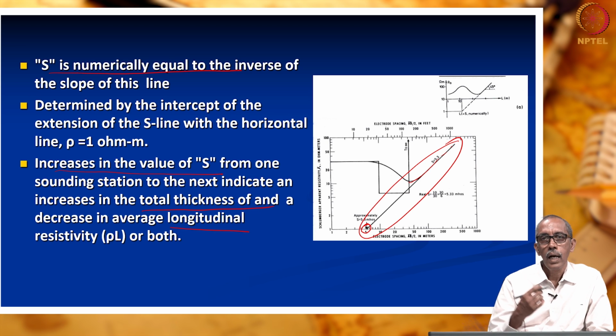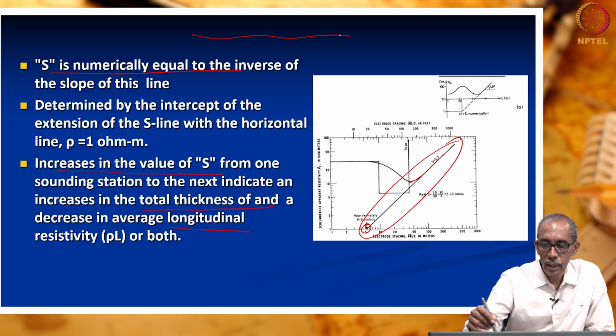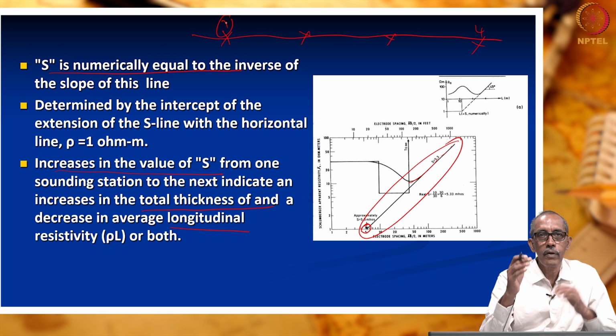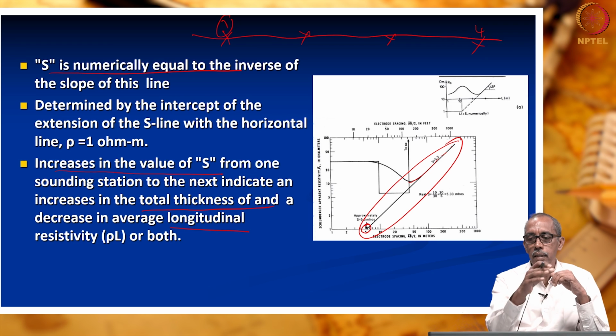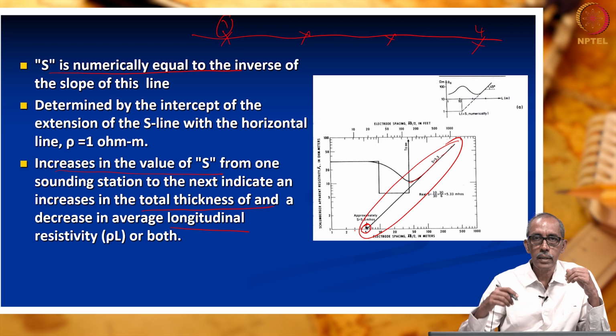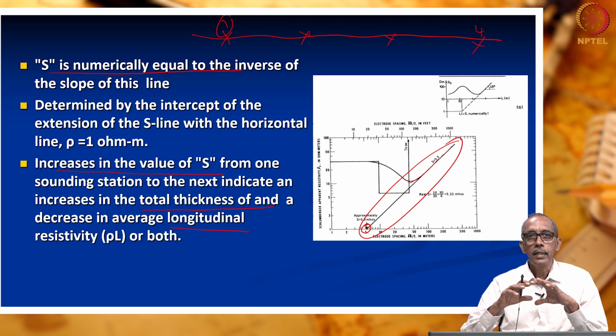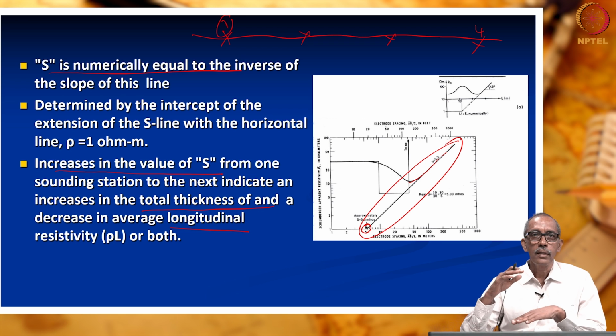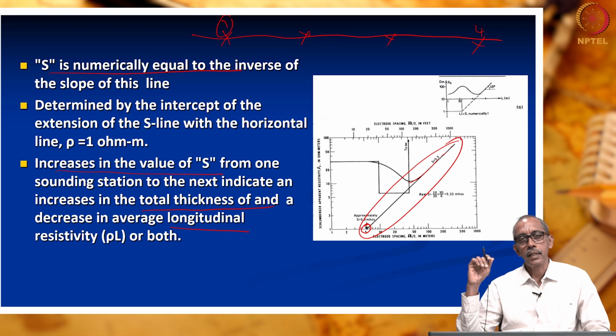For example, we have conducted vertical electrical sounding at all these stations, station 1, 2, 3, 4, everywhere. Imagine from left to right, if the value of S we are getting from the S-line method increases, that indicates probably that beneath the surface of the earth, the thicknesses of the layers are increasing. So, this method of interpretation is known as the S-line method.